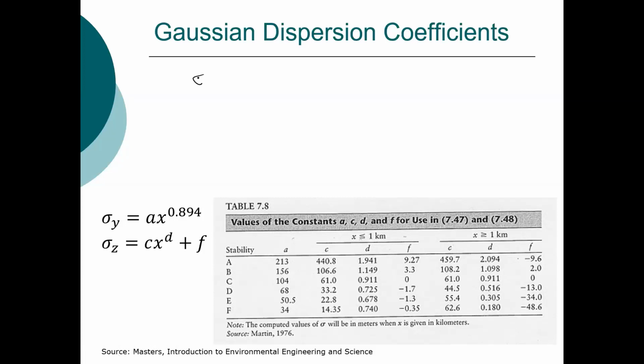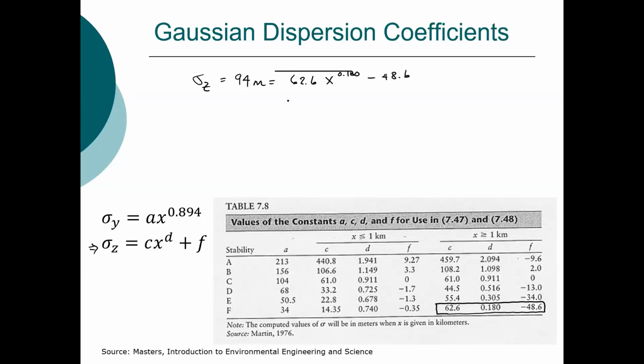So we have the dispersion coefficient is equal to 94 meters. And this is X definitely greater than a kilometer, so that is equal to this equation here with the values for C, D, and F. That is equal to 62.6 X to the 0.180 minus 48.6.